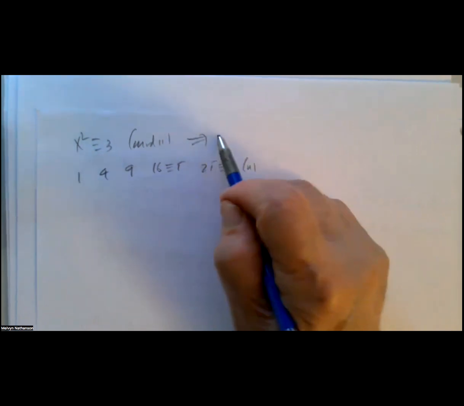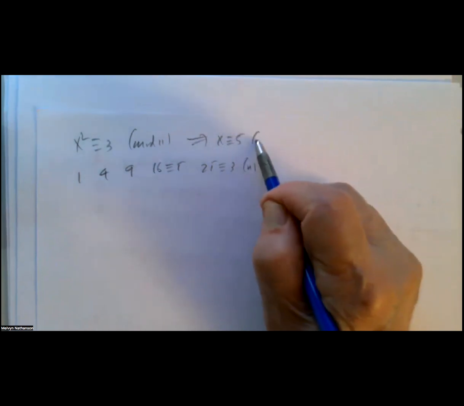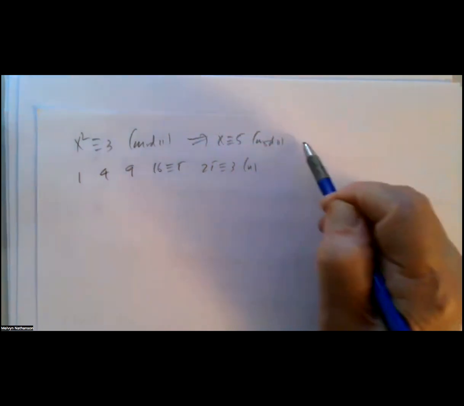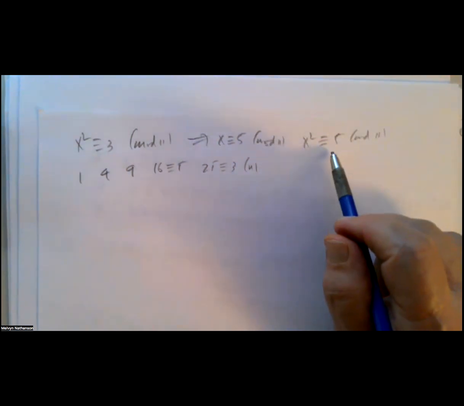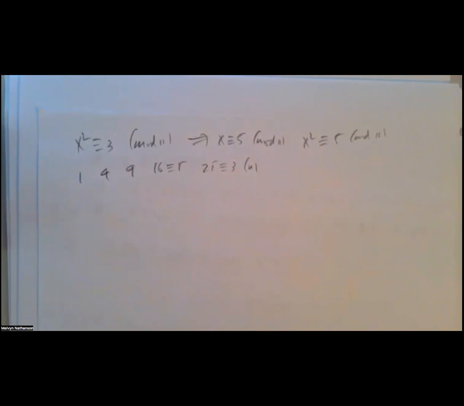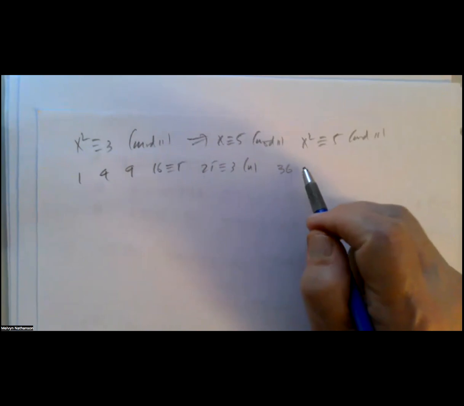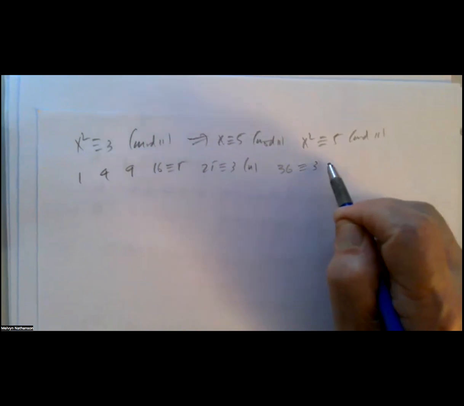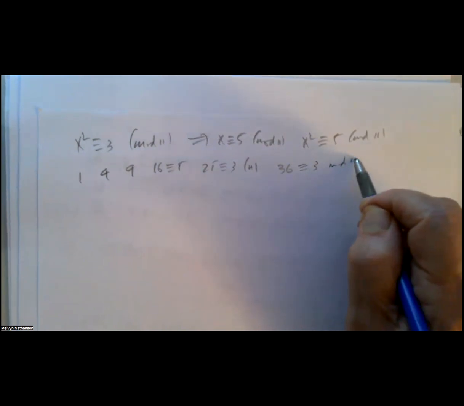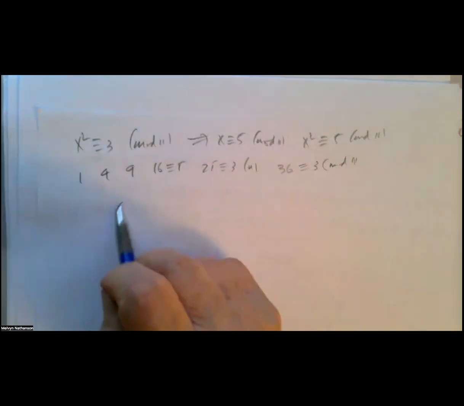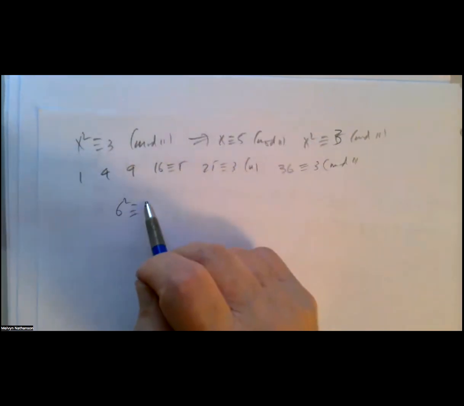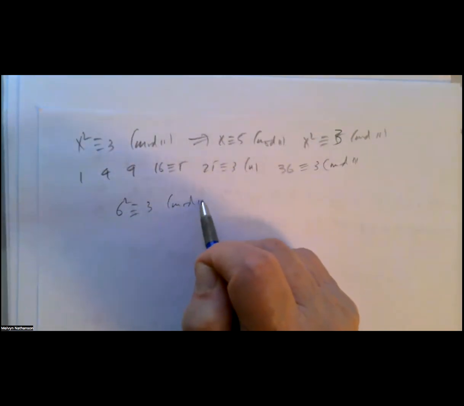So x is equal to 5, because x squared is congruent to 3 mod 11. But usually if a number has a square root, it has 2 square roots. Let's see, after 25 comes 36. 36 is also congruent to 3 mod 11. So we also have 6 squared congruent to 3 mod 11.